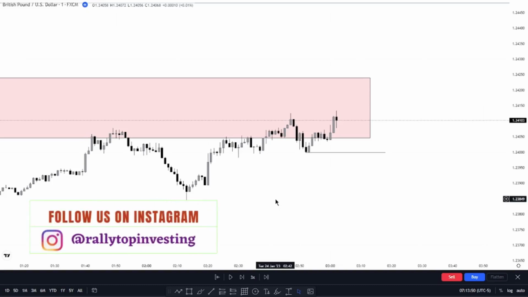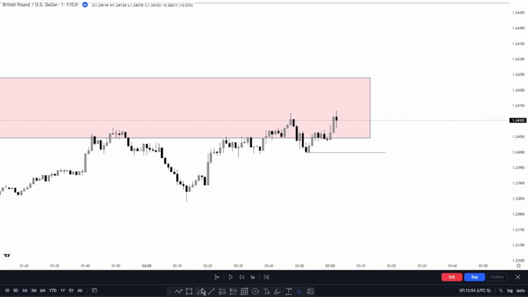All right, now here is what you should take note of. Take a look at this high, this high failed to take out this low. Now price went back up to take out that very high. This high was taken out. Take a look at it. This high was raided by this wick, and after price raided this high, price closed below it.